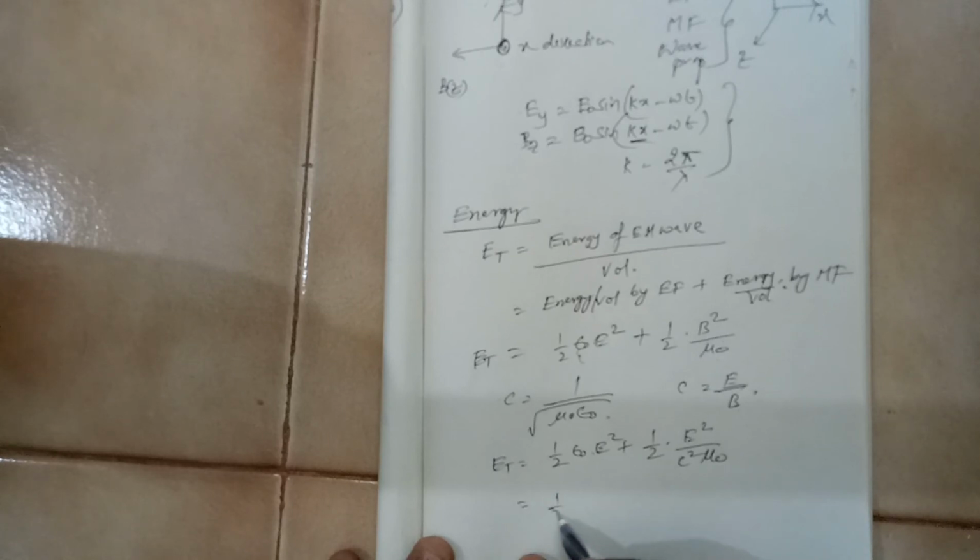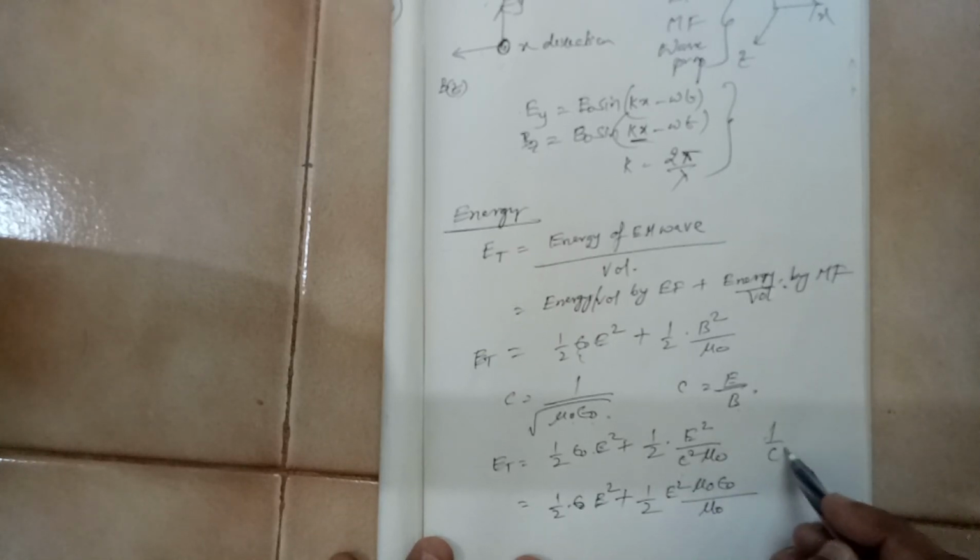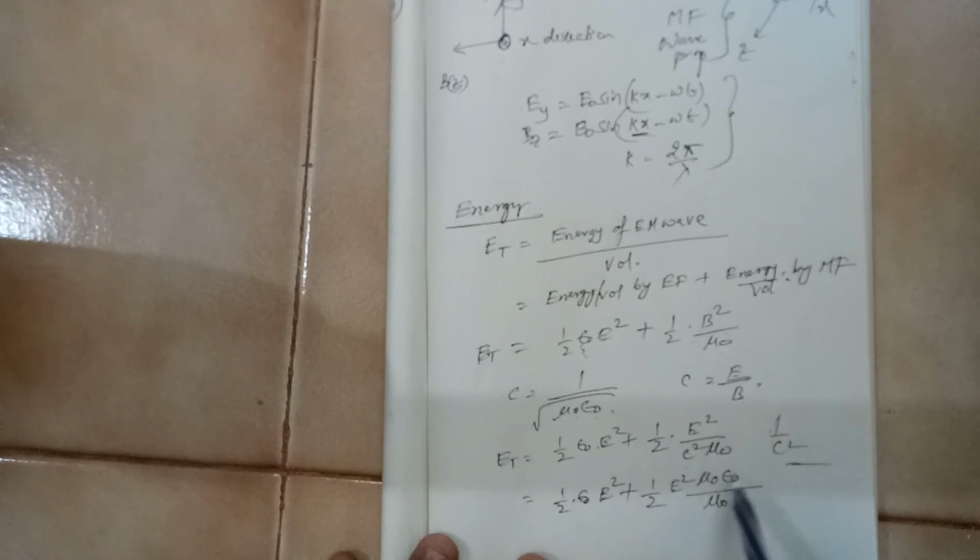So this is equal to half epsilon naught E square plus half into E square by C square mu naught. Alright? See, C square is 1 by mu naught epsilon naught, so 1 by C square will go into the numerator as mu naught epsilon naught, divided by mu naught. Okay.